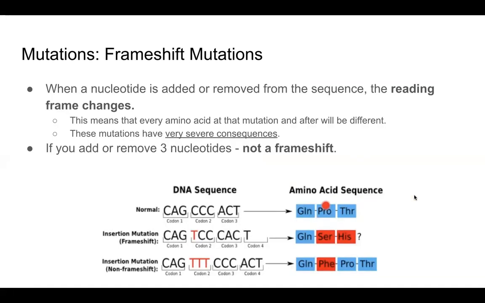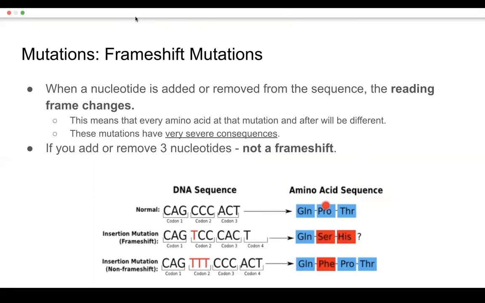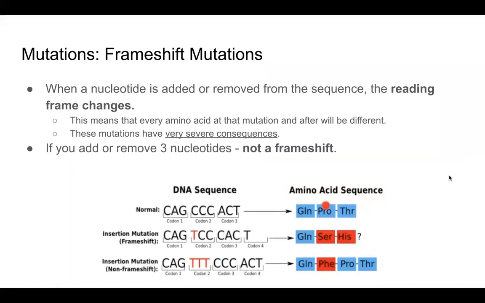Okay. The last type of mutation that we're going to discuss is called a frame shift mutation, and that's when a nucleotide is added or removed from the sequence and the reading frame changes. So you can imagine why we call it a frame shift mutation. If the reading frame changes, then all of the other codons downstream are going to be slightly out of place.